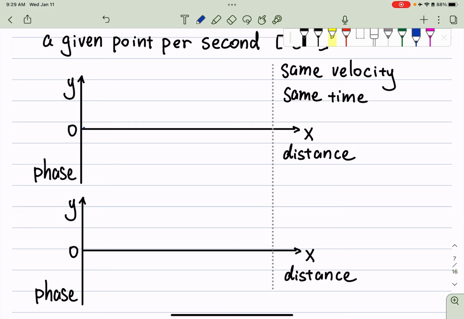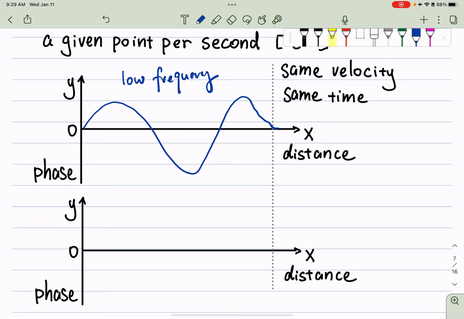A low frequency wave would look something like this. My drawing is not ideal, but you get the gist. In that certain time period, only 1.5 of my low frequency wave reach the point.